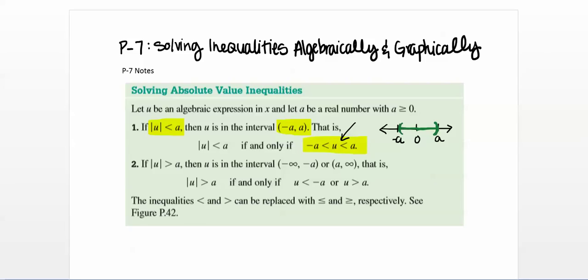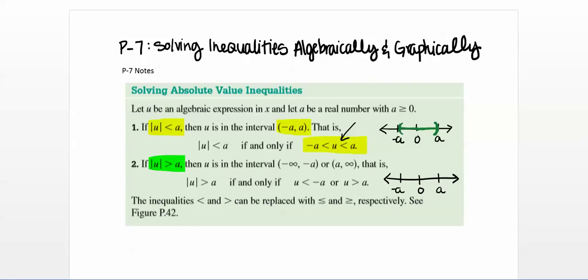If it's greater than, we have the absolute value of u is greater than a, then if we think about it in terms of that number line, we're saying u has to be a number that has a distance from 0 that is greater than a.